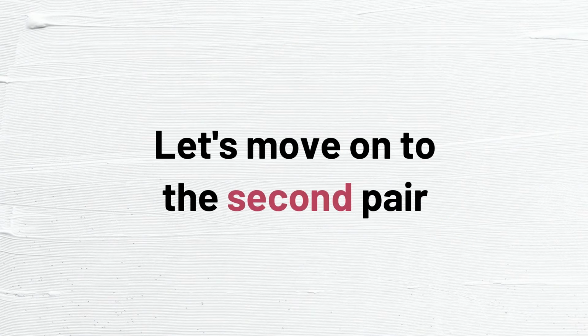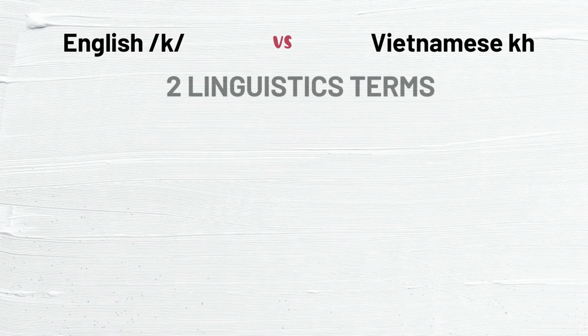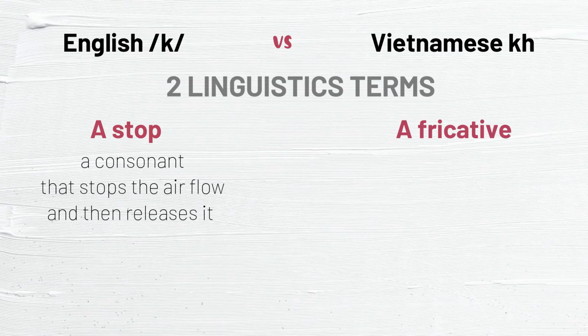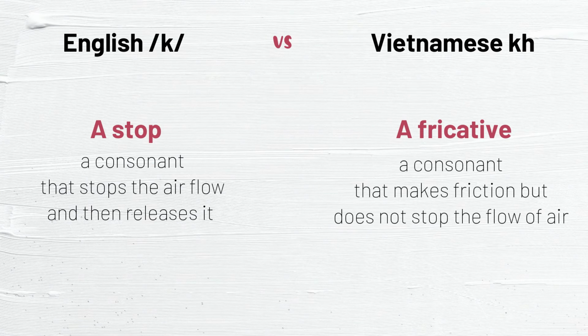Now let's move on to the second pair, the English K and the Vietnamese KH. Before we go into comparing these two sounds, I want to introduce two linguistic terms to you, a stop and a fricative. A stop is a consonant that stops the airflow and then releases it, while a fricative is a consonant that makes friction but does not stop the airflow at all.